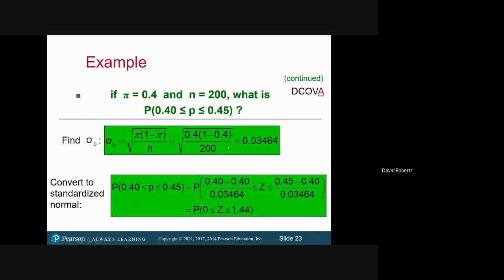We go through the calculations, and we can see that the standard deviation is 0.03464. We plug it into the formulas, and we find out that it's between 0, which is the mean, and a z-score of 1.44. And it's positive, so it's to the right.